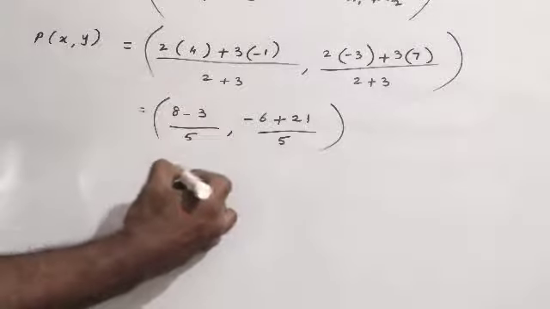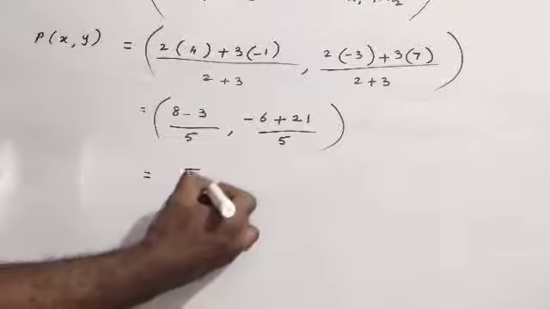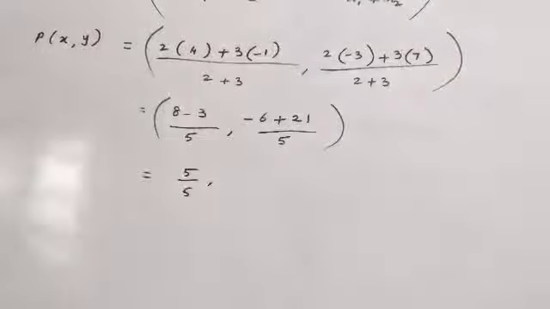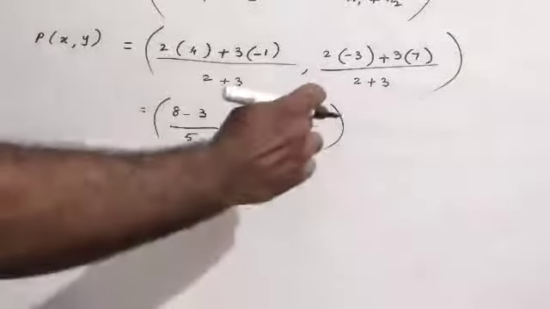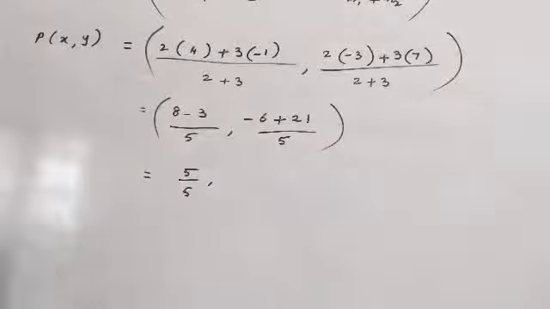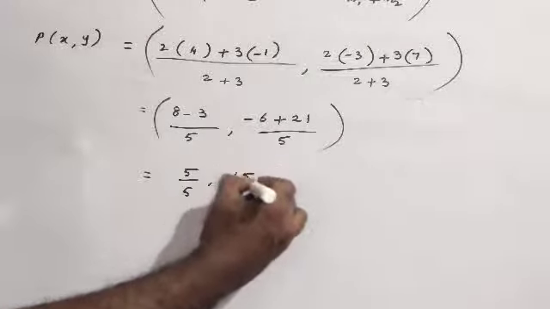Now 8 minus 3 is 5, 5 divided by 5, comma minus 6 plus 21, signs are different, so subtract 6 from 21, it gives 15, 15 by 5.